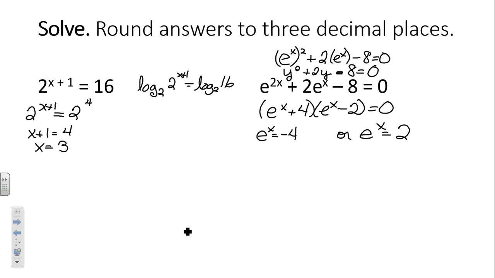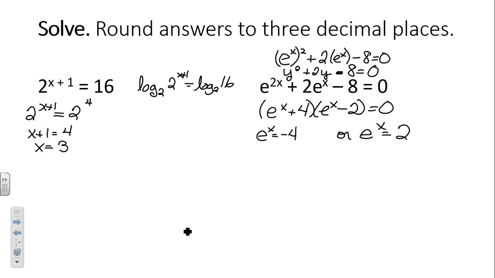E to the x equals 2 is the 0. And now what are we going to do to make the e's go away? We have e to some power, a base to some power. What's the inverse operation for exponential? Take the log, right? Which log do we want?